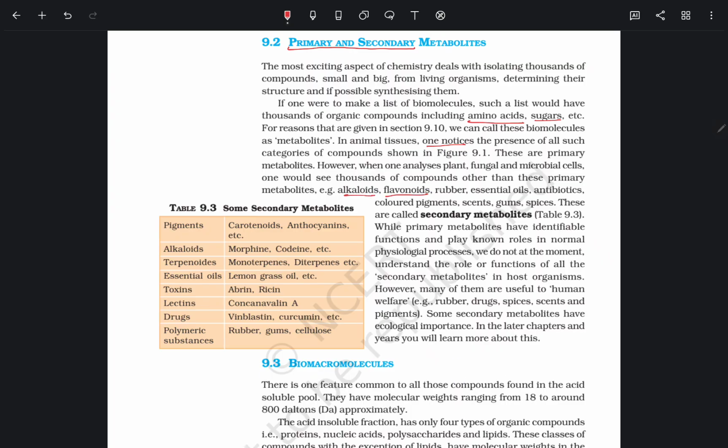alkaloids, flavonoids, rubber, essential oils, antibiotics, color pigments, scents, gums, spices. These are called secondary metabolites.